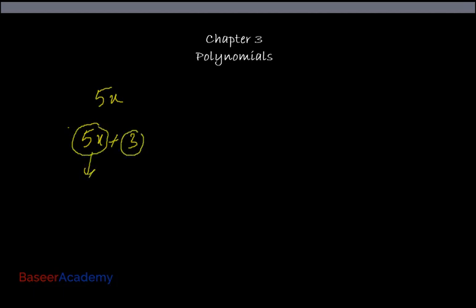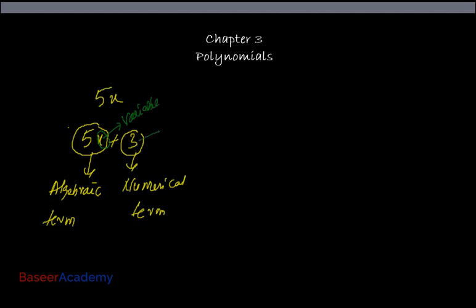So 5x is my first term, which is an algebraic term, and 3, which is my second term, is known as a numerical term. 5x is an algebraic term because it contains the variable x, right? x is a variable. And 3 is a numerical term because it contains the constant 3.